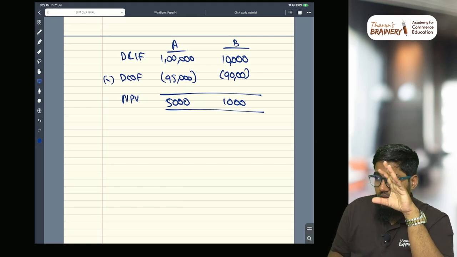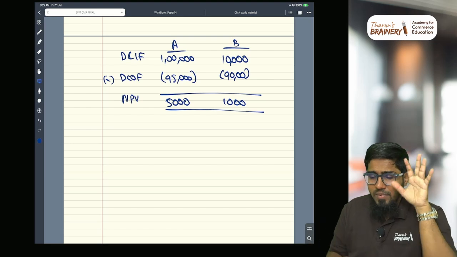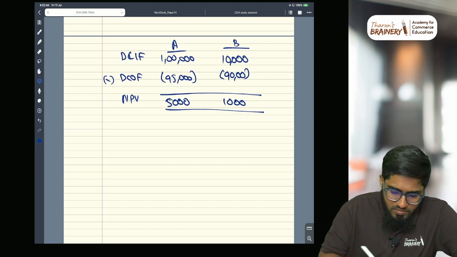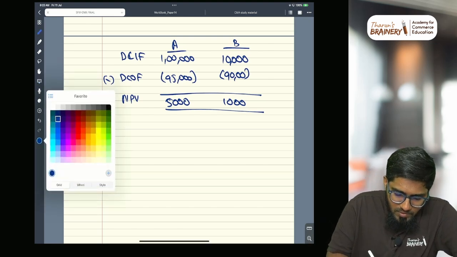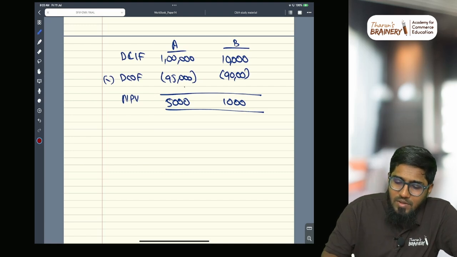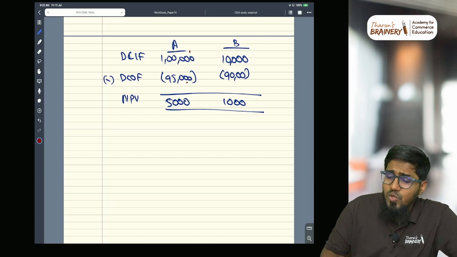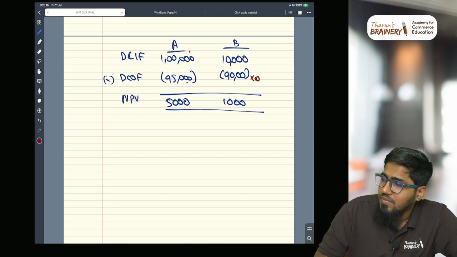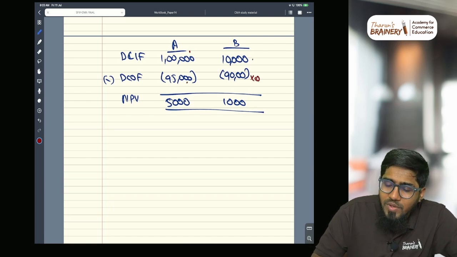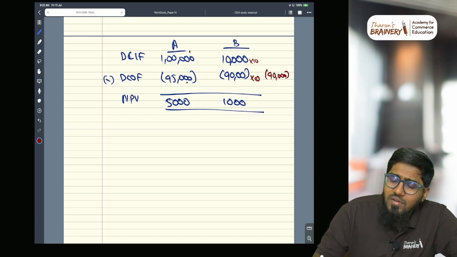B. Everyone understanding? See, what I am trying to tell here is that with 95,000 investment, your discounted cash inflow is 1 lakh. Assume you have invested 10 times; the discounted cash inflow will also become 10 times. So here, 90,000 investment, you get 1 lakh rupees.